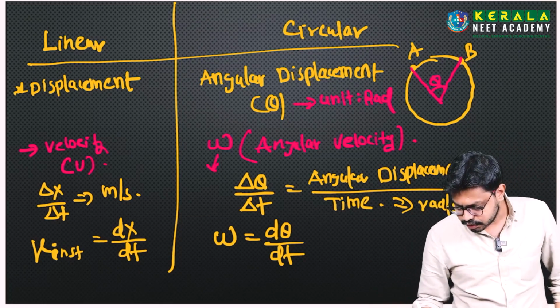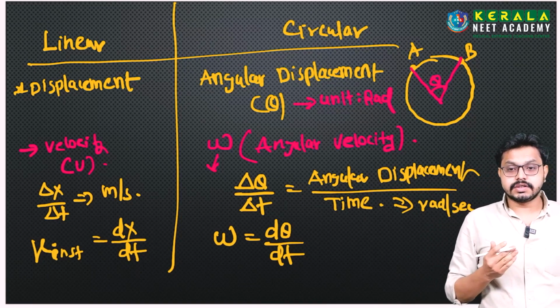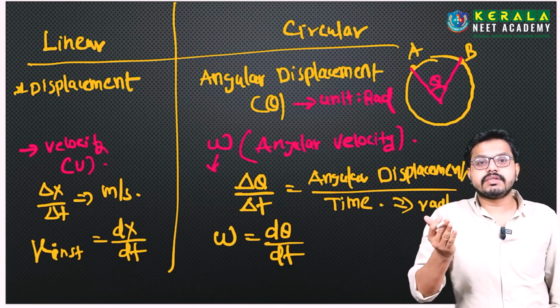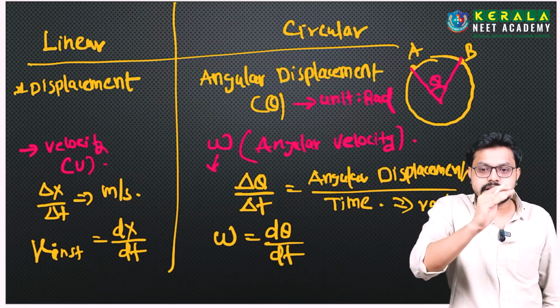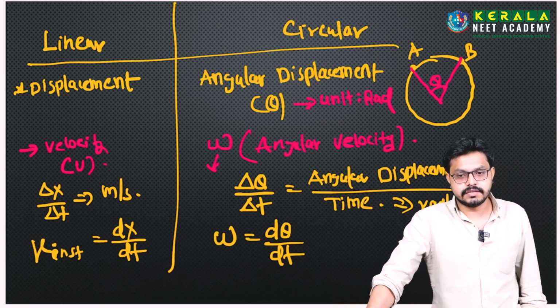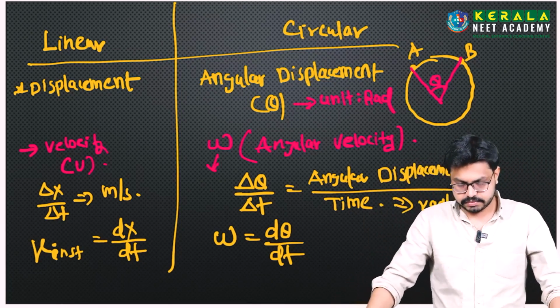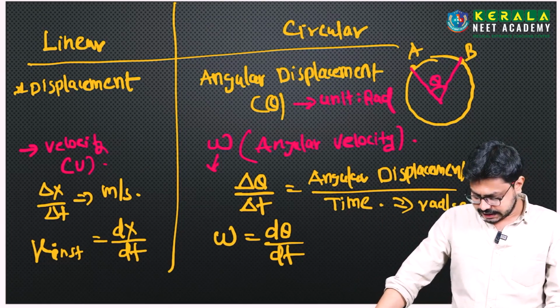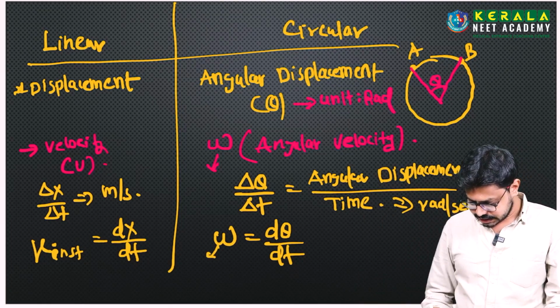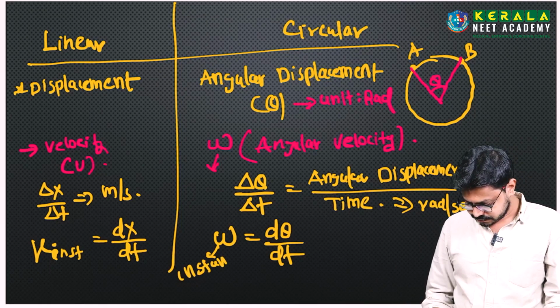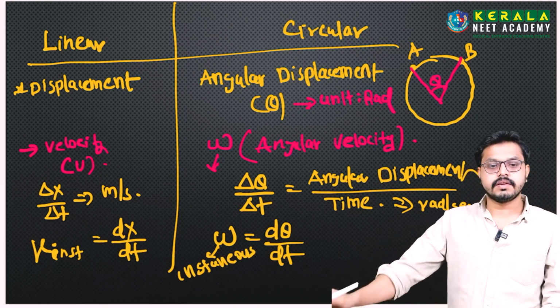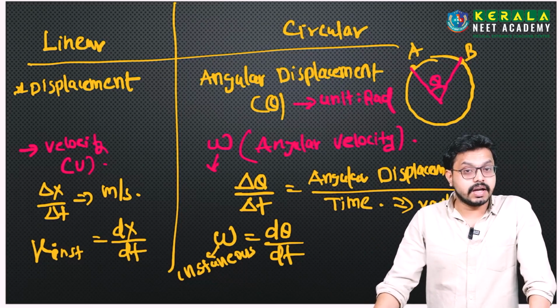So this is the equation for angular velocity, and theta is the angular displacement, that is, the angle covered within a given interval of time. Clear? Okay. So d theta by dt is the instantaneous angular velocity.